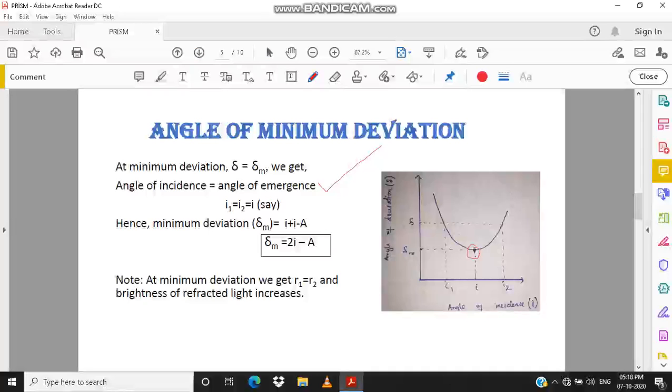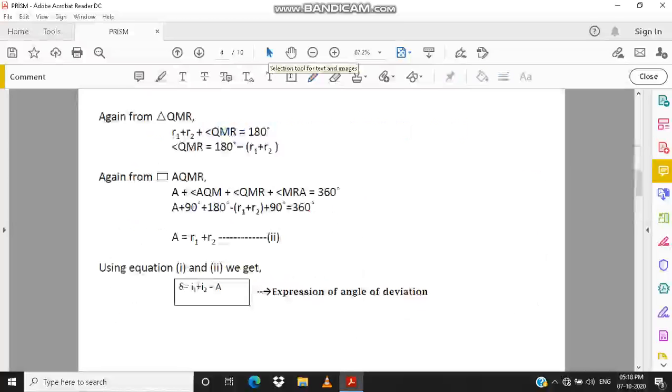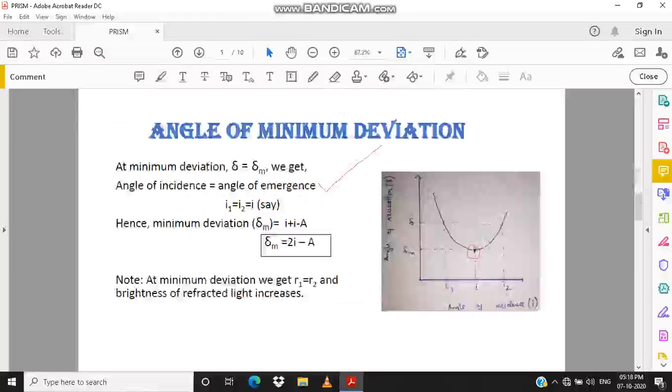Because we know the expression for delta was I1 plus I2 minus A. Previously we found that the expression for the angle of deviation was delta equals I1 plus I2 minus A. So here we simply substitute these values as I. Instead of I1 and I2, we write I plus I minus A, and we get 2I minus A.